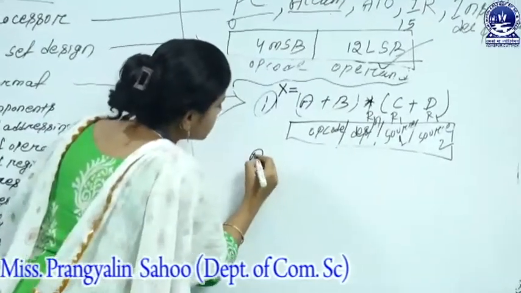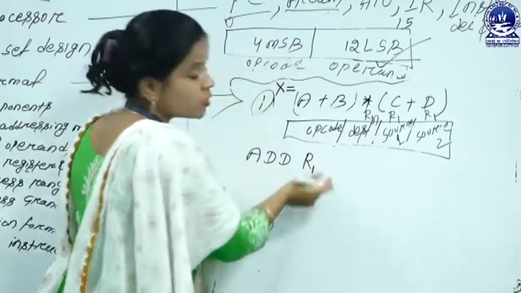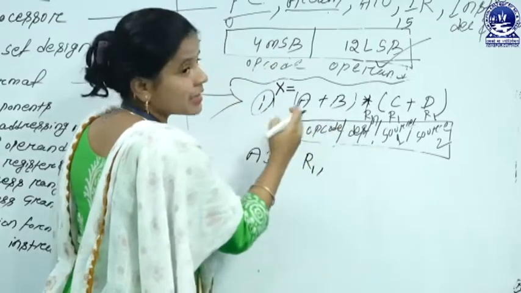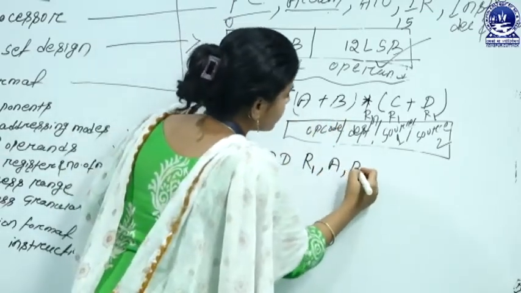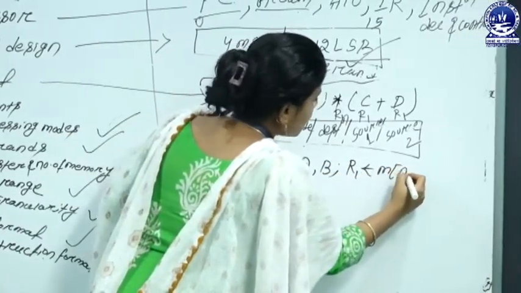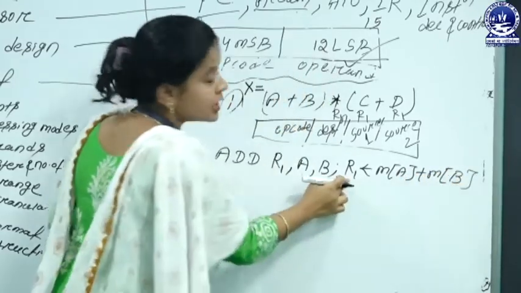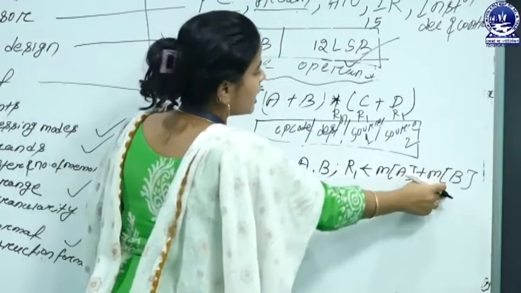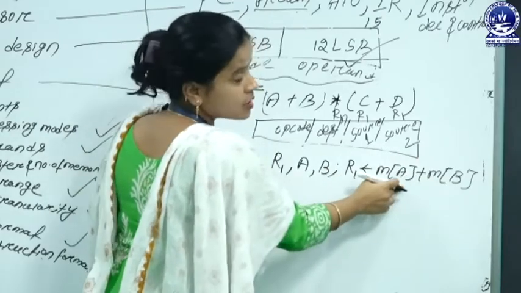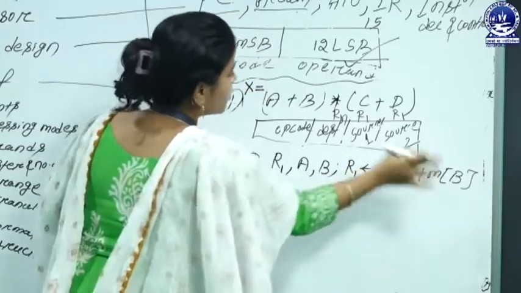So now use the direct opcode, that means add of R1 location where the resultant is stored, and the source operands are directly provided, that means A and B. That means here R1 equals memory location of A operand value plus memory location of B operand value. That means we have used 3 address elements, 1 for the resultant location, that's R1, and 2 for the source operands, that means the raw data through which the resultant is produced, that's A and B.